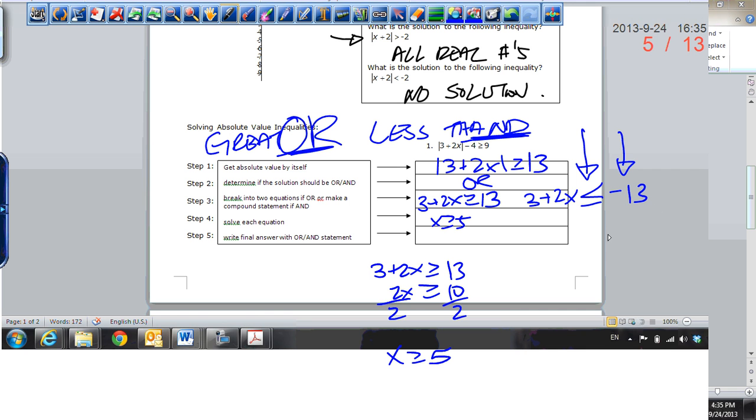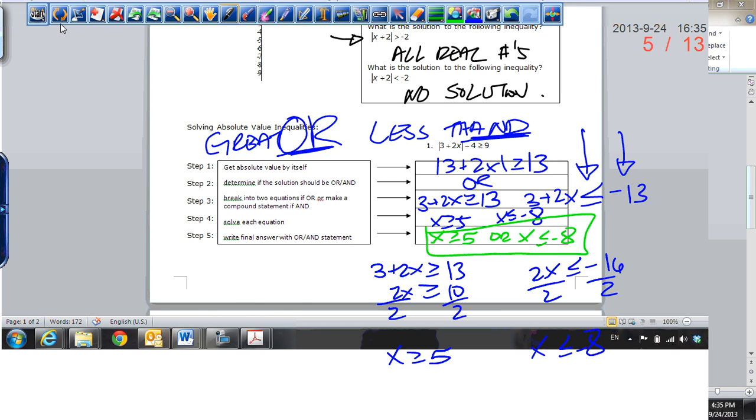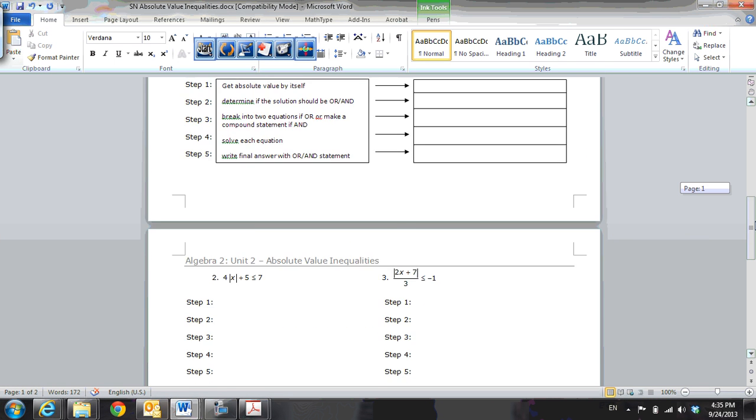Same thing over here. We subtract 3, so I get 2x less than or equal to negative 16, divided by 2, and x is less than or equal to negative 8. So the last thing says to solve and rewrite as an or. So x is greater than or equal to 5, or x is less than or equal to negative 8. Boom, boom, and boom. That's essentially the whole lesson as far as what we'll be doing today.